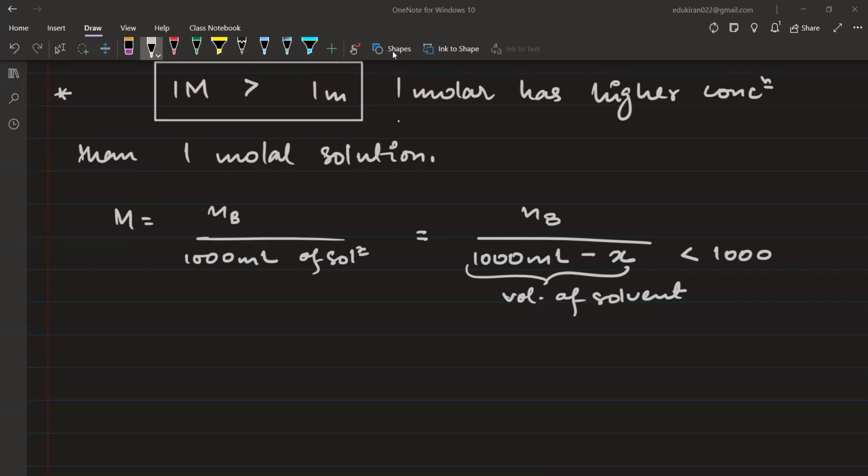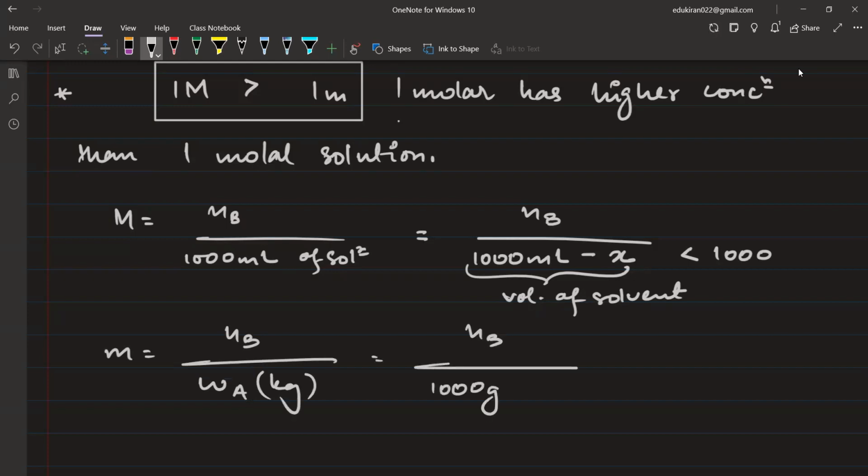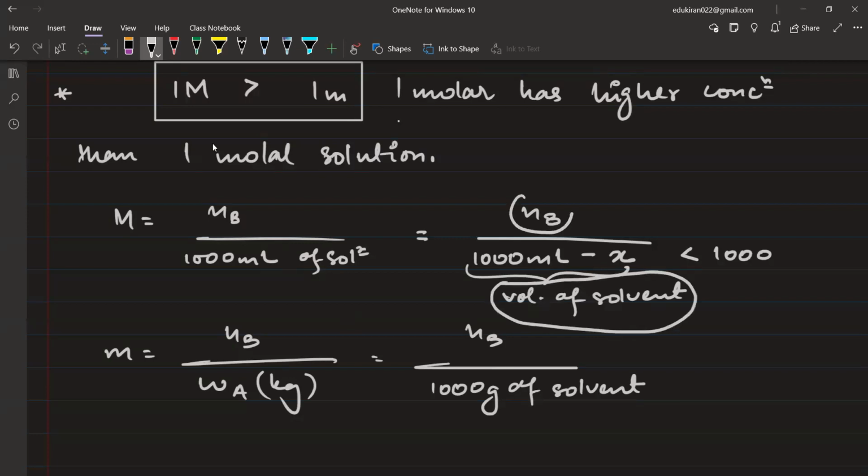But if I look at molality, this will be equal to number of moles of solute divided by mass of solvent in kg. That means it is equal to NB upon 1000 grams of solvent. Now, when you are taking water, the universal solvent, the volume of solvent in which NB moles is added is less than 1000.